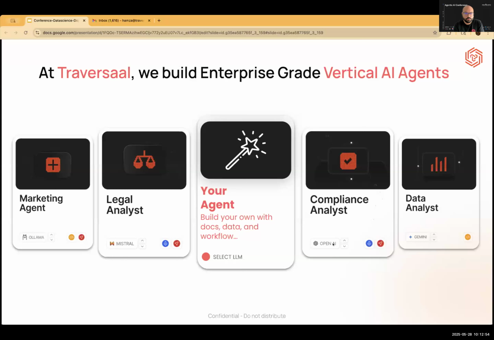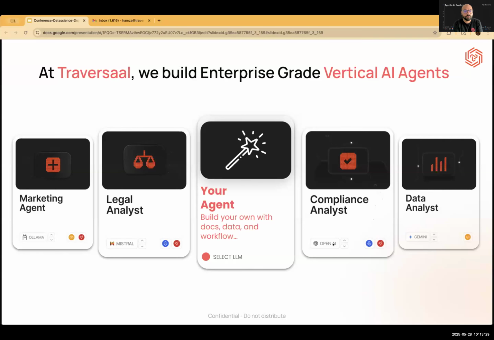What we do at Traversal is build individualized agents that do one thing at a time. So instead of having a general purpose tool, which is basically, hey, I'm going to do every single thing on Earth, we try to build an agent that helps with one specific thing, and we believe it reduces the chance of hallucination or error.